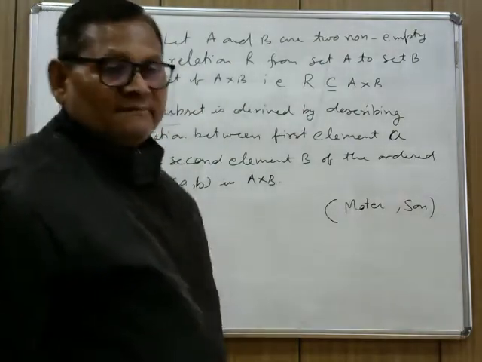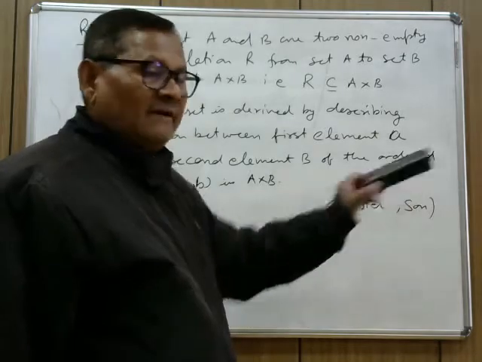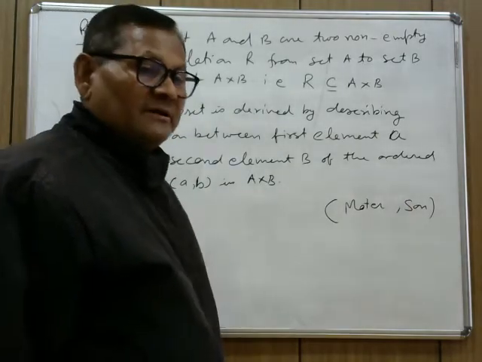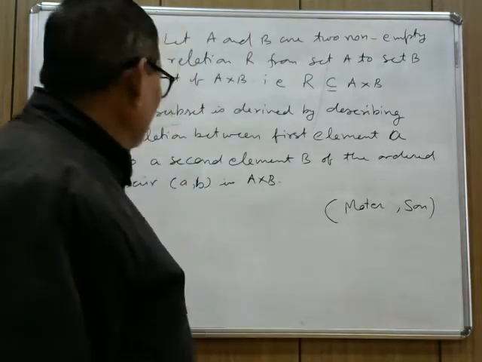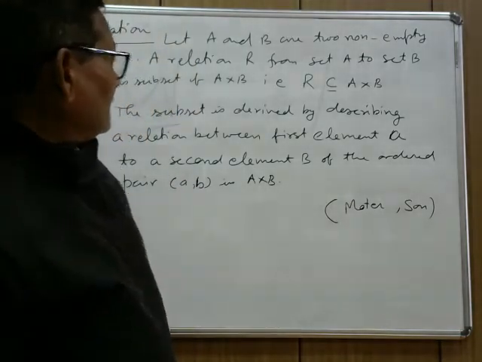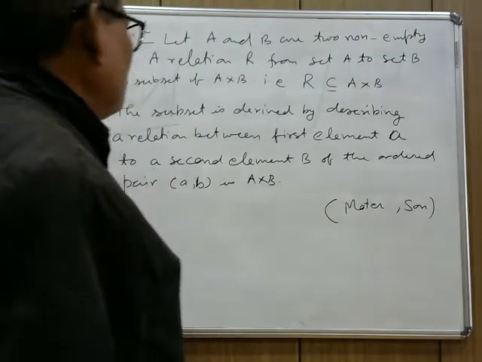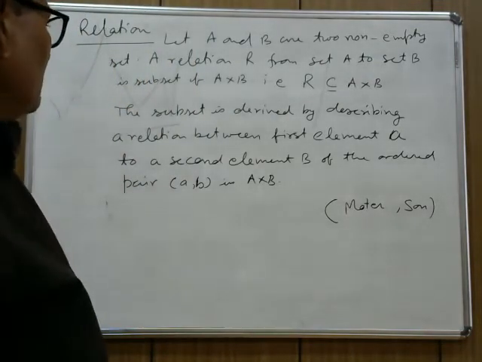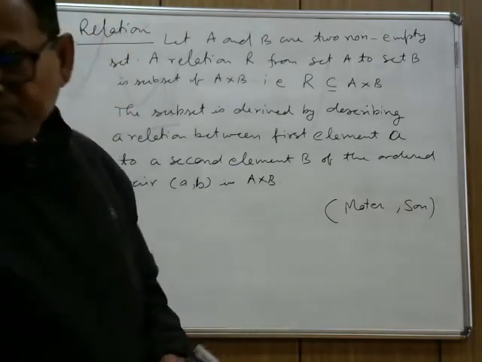Mother and son, she is mother of that. Husband and wife, teacher and student. Like that. The subset is derived by describing a relation between first element A to the second element B of the ordered pair AB in A cross B.